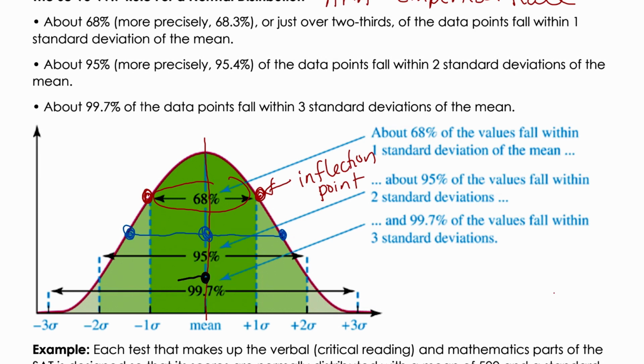So here's the mean. If I come out 3 standard deviations from here to here, about 99.7% of the data is going to fall on that interval. So that's why the rule is called the 68, 95, 99.7 rule, because those are the percentages as you go out 1 standard deviation, 2 standard deviations, and 3 standard deviations.